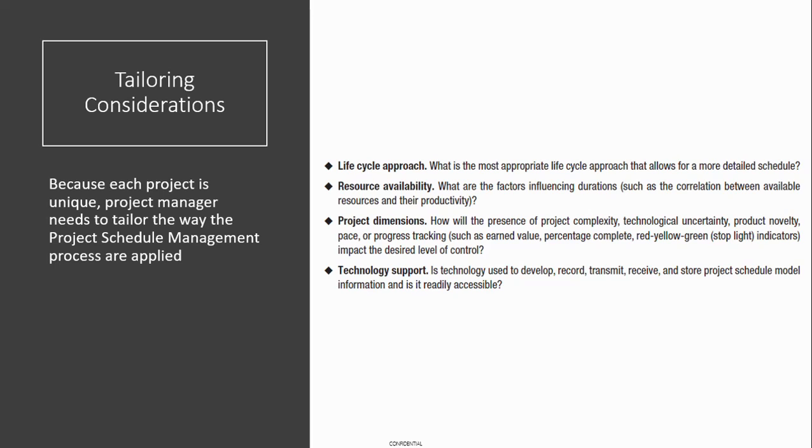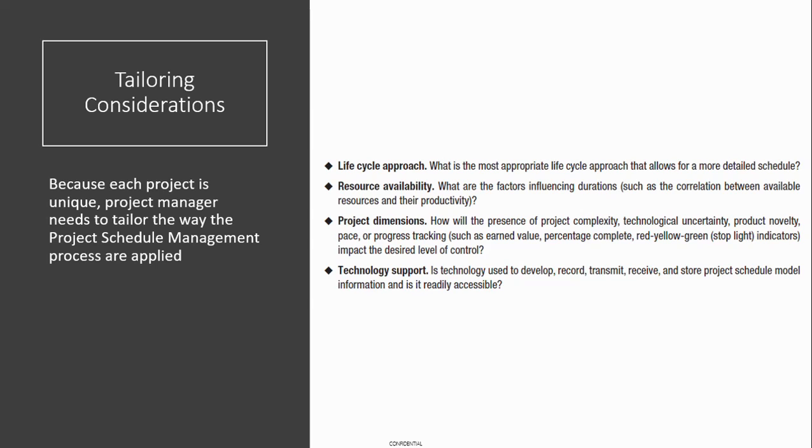Firstly, you will have to understand the life cycle approach that you are going to use for the particular project, whether it is going to be an adaptive life cycle or a predictive or waterfall method life cycle. Again, you will have to understand the availability of the resources and the factors influencing the duration due to the availability of the resources, the productivity level of the resources.